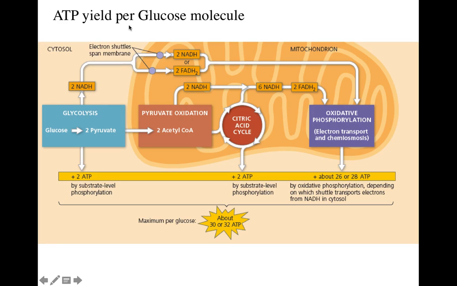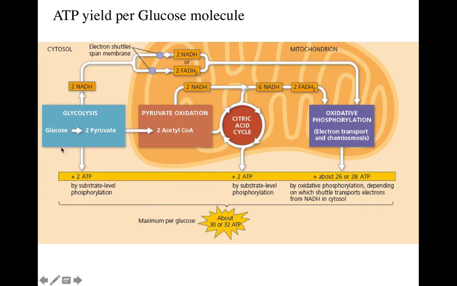We have previously discussed the ATP yield per glucose molecule, and that's the maximum yield per glucose. You're going to generate 30 or 32 ATP molecules, and if we put these numbers together, we would achieve the same, 30 or 32.